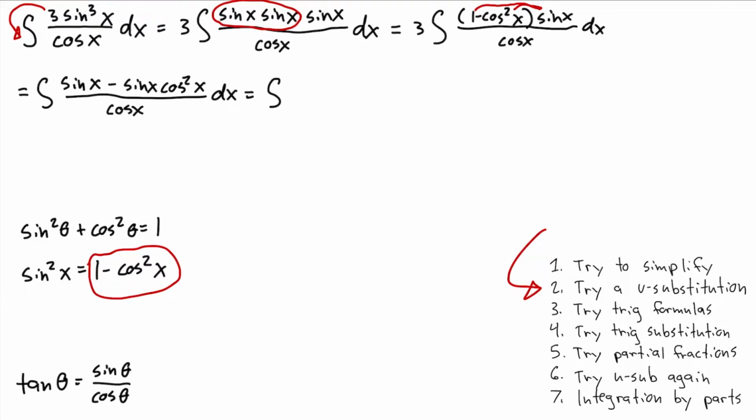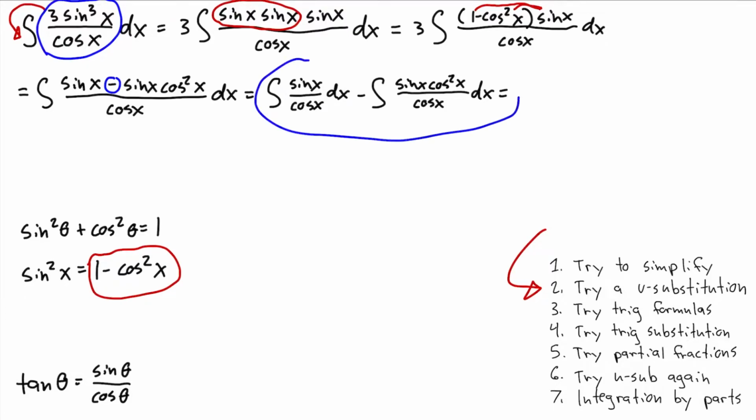So we'll have one integral of sine of x over cosine of x dx. And then remember this minus sign, we can break it up. So we have minus the integral of sine of x cosine squared of x on top of cosine of x again. Essentially, if you look at the long-term goal, we had something complicated, and we simply broke it up into two smaller pieces that are easier to integrate.